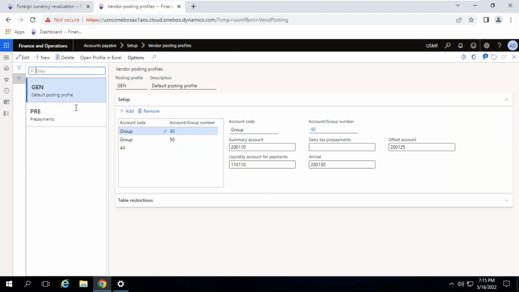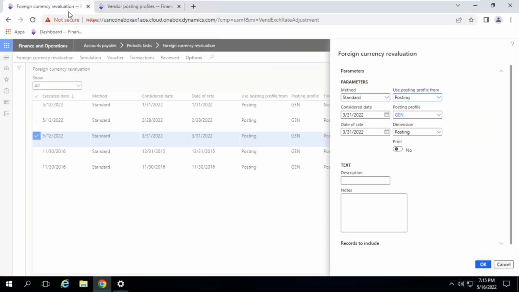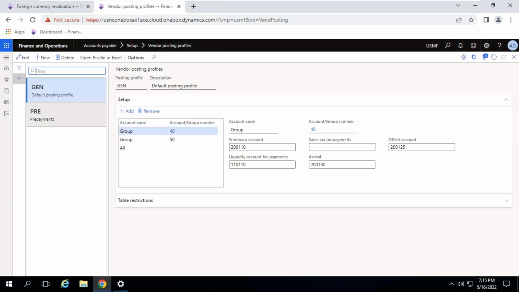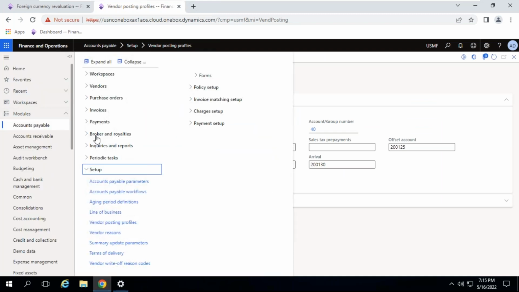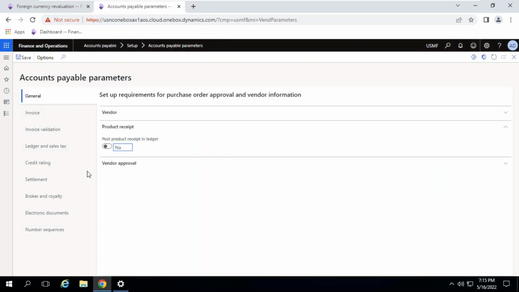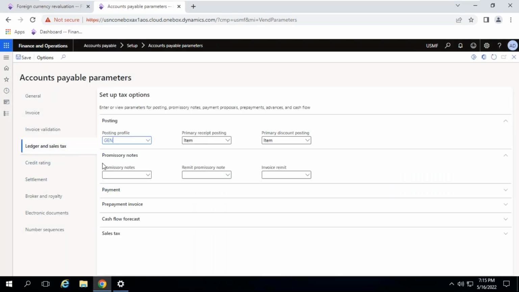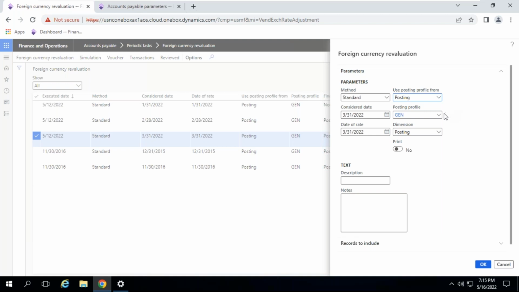Whatever was created will be shown here automatically. If you want, you can change it. From where it is coming, actually there are two. Which one is selected? It is not the first one. It is in the accounts payable parameters, in the ledger and sales tax tab. Whatever posting profile you have mapped comes automatically here.